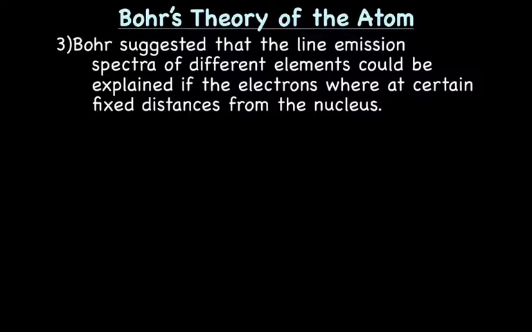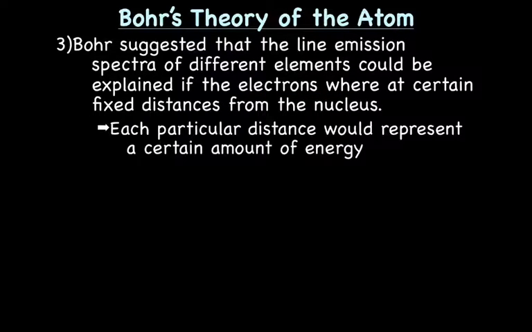It suggests that the electrons are at certain fixed distances from the nucleus, and that these distances represent a certain amount of energy. The reason it suggests that is if there weren't certain exact amounts of energy related to certain exact distances, we wouldn't end up with these nice discrete lines that we see when we split the light coming from elements.